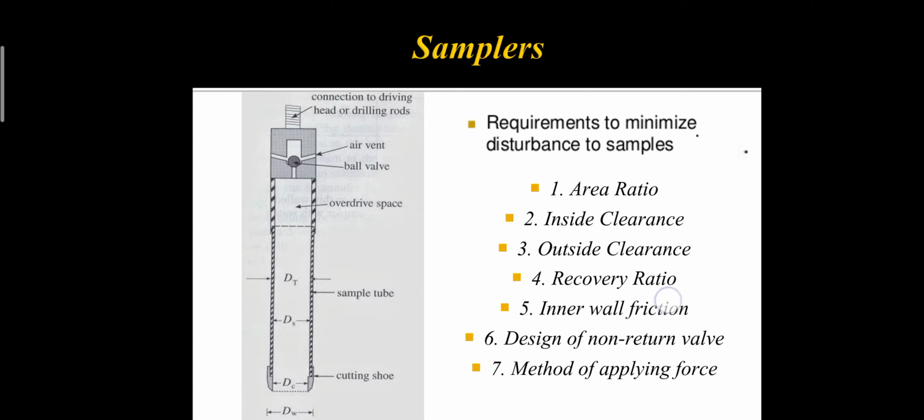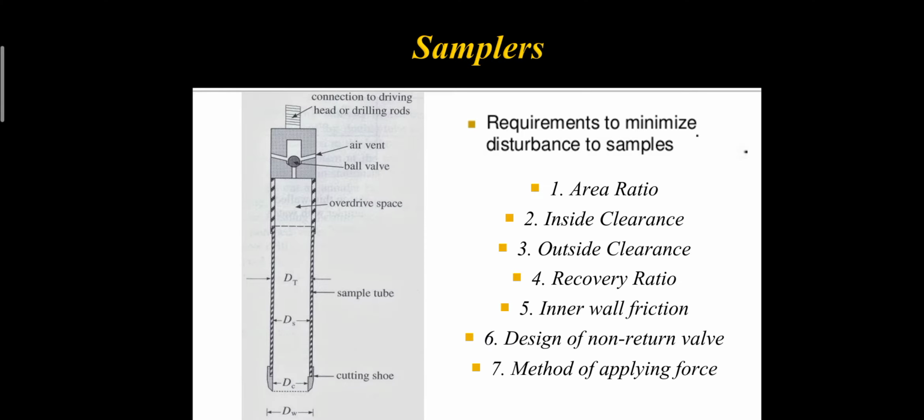So we'll see one by one, and in this the first 3 are very important: area ratio, inside clearance, and outside clearance. In the same picture I have shown here, below we have the cutting edge and above we have the sampling tube. The cutting edge will cut the soil and the sample will go inside and be collected in the sampling tube.